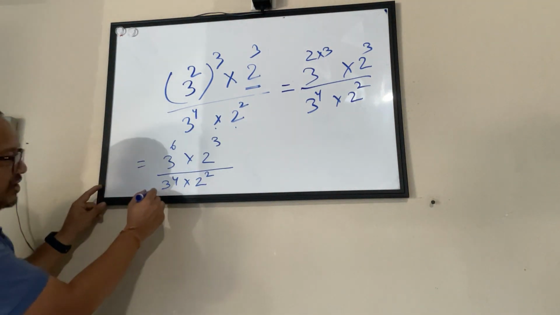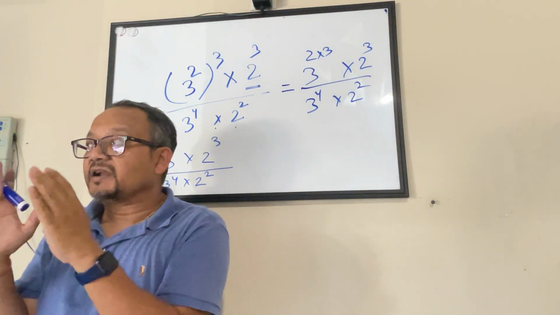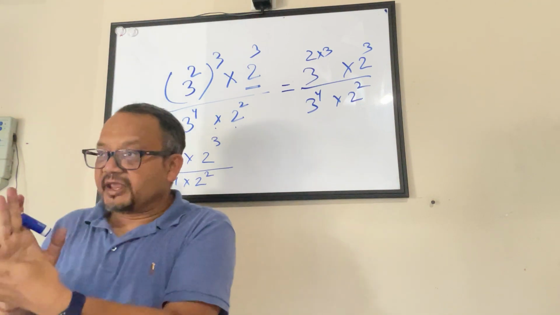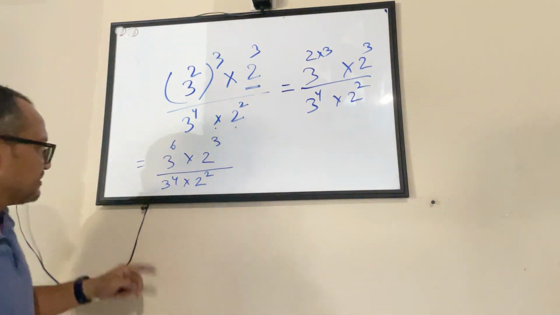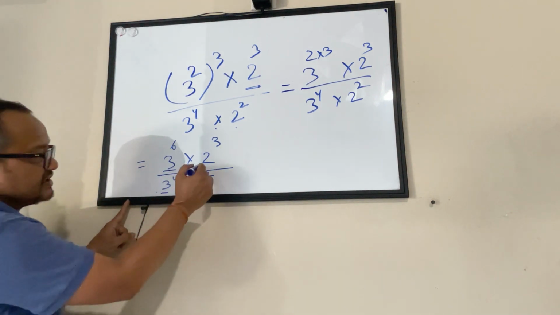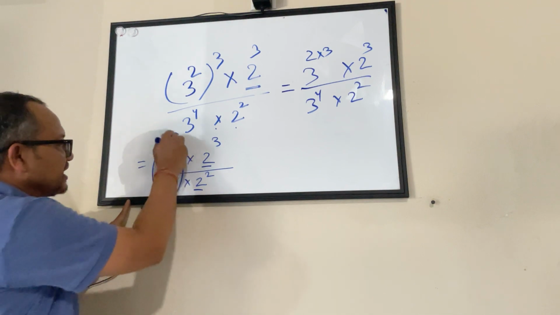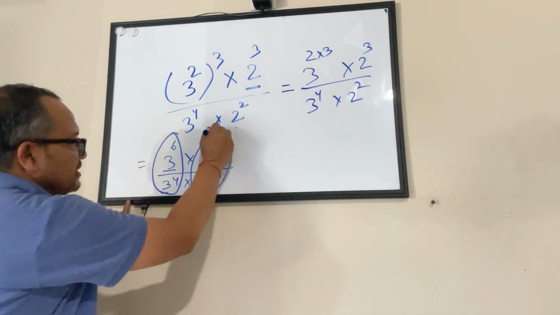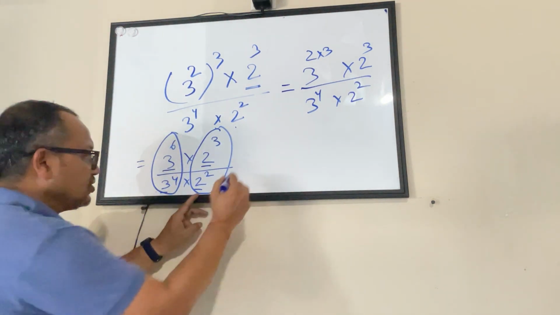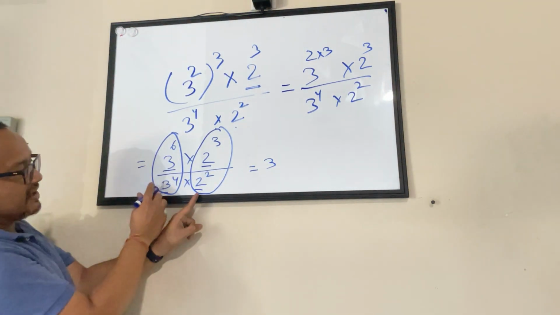So here, what you see, I told you that when you are dealing with exponents, you have to always make sure that we are looking at the base. This guy has the same 3 as a base, this has 3 as a base. This has 2 as a base, this has 2 as a base. So what will we do? Similar things we will calculate together. So what I am doing here is 3 to the power 6 divided by 3 to the power 4.